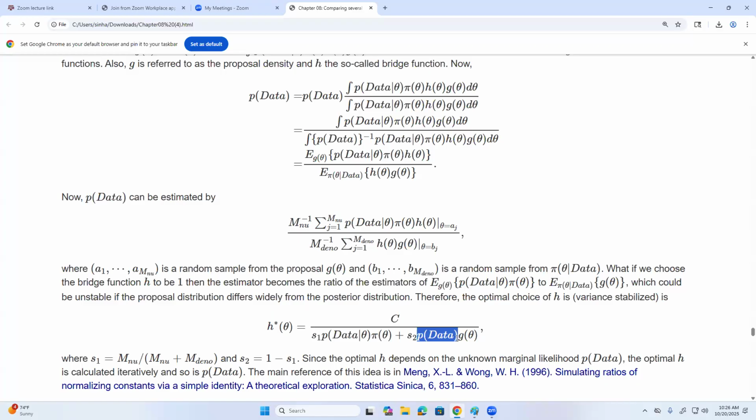The second thing is this G(theta), the proposal distribution. If the proposal distribution is too different from the posterior distribution, that will give you an inefficient estimator. Therefore, we try to choose a proposal distribution somewhat close to the posterior distribution.